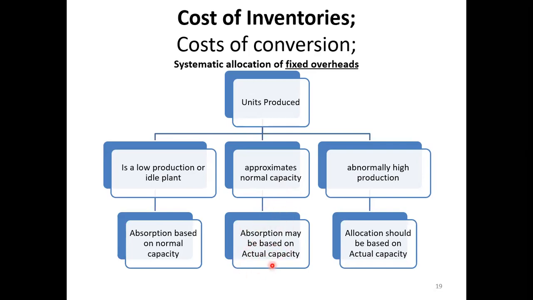The same applies to abnormally high production. Here expected is 10,000, but actual production is 12,000 prints. That time also we use the same formula: allocation should be based on actual capacity. Make sense? Is it clear?